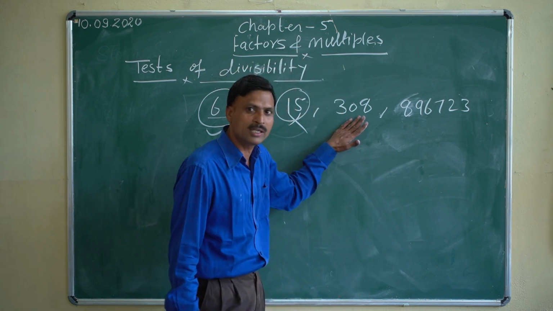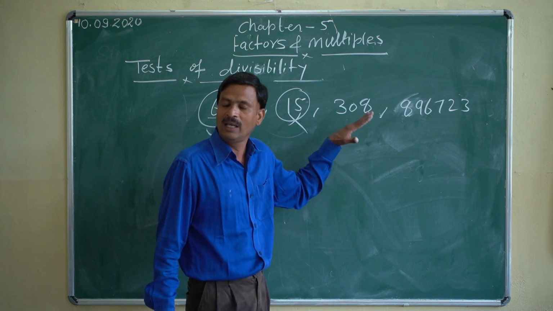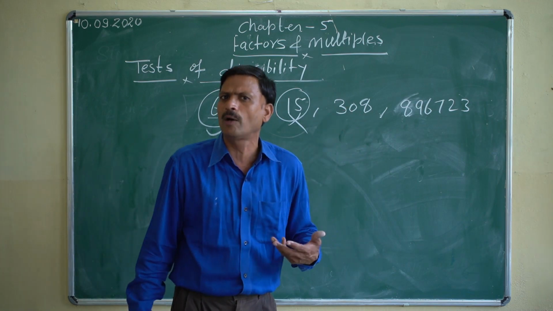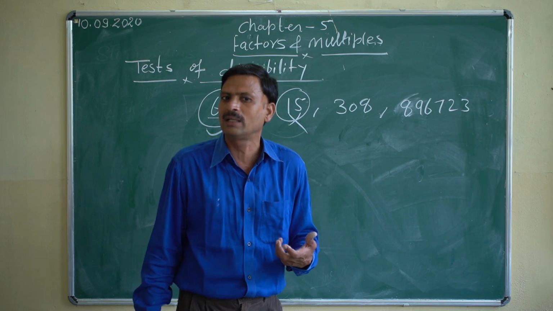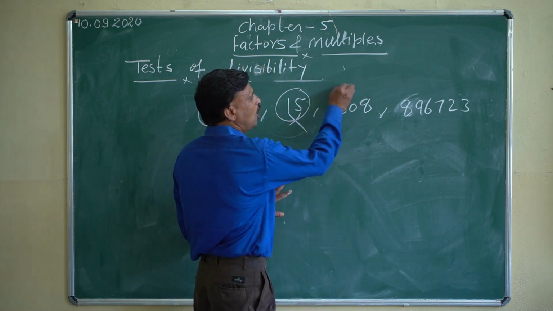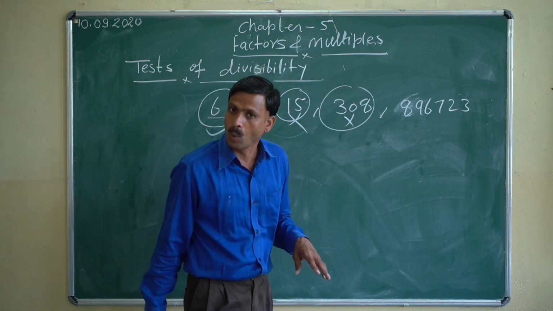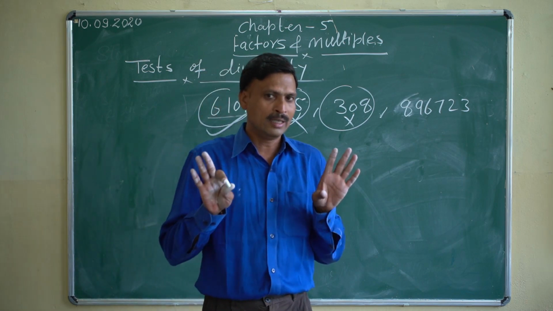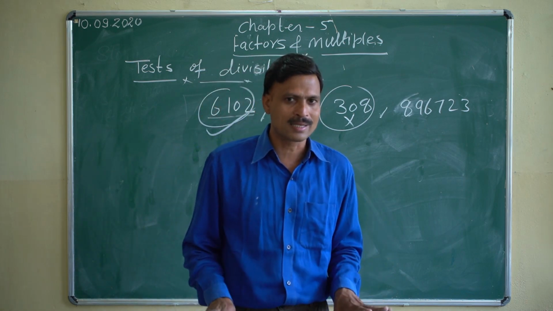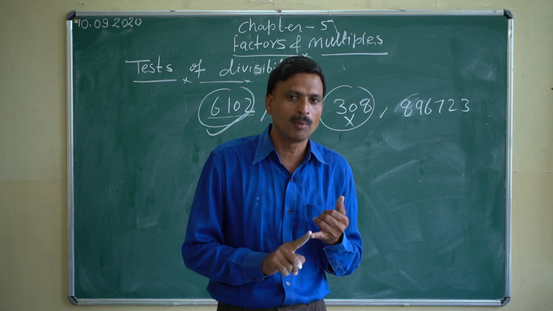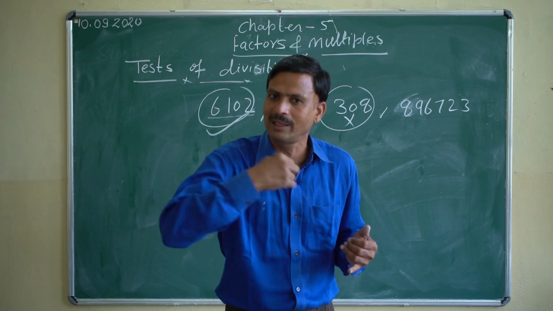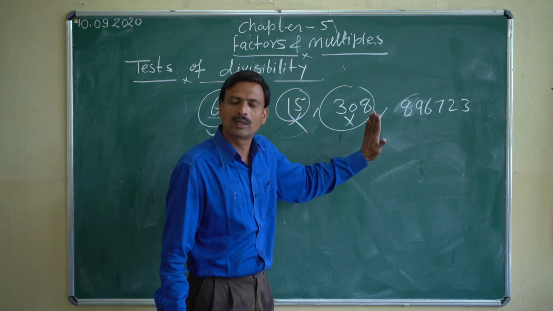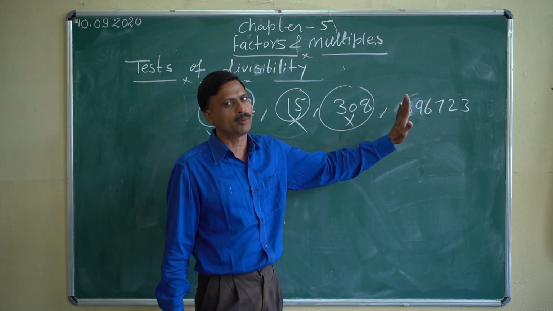And since 11 is not a multiple of 3, the number is not divisible by 3. That's why this is not divisible by 6. Understood? The divisibility rule of 6 says the number must be divisible by both 2 and 3. The number is divisible by 2 but not 3, so it is also not divisible by 6.